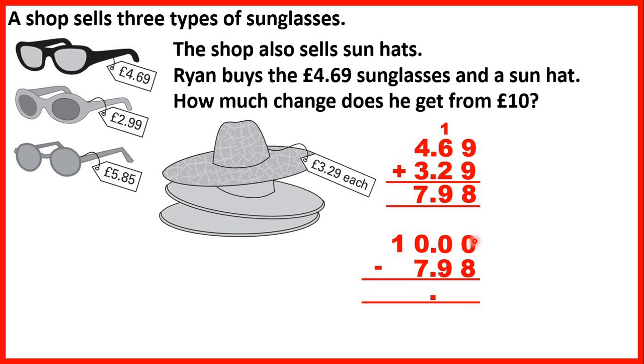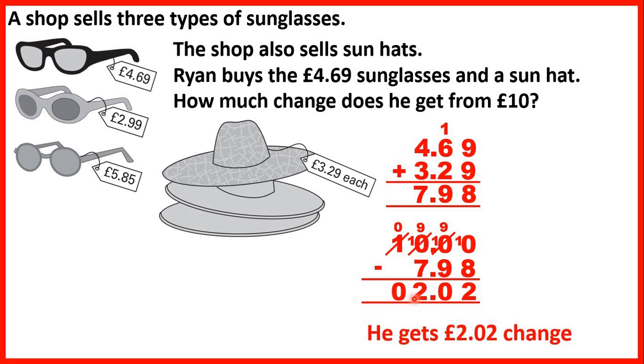But here we need to do a lot of exchanging. We can't do 0 minus 8. If we look to the left, we have a 0, then another 0, so we need to go all the way over to this 1, 1 less, 1 in front, 1 less than 10 is 9, 1 in front, 1 less than 10 is 9, 1 in front. And now we can subtract to get an answer of £2 and 2 pence.